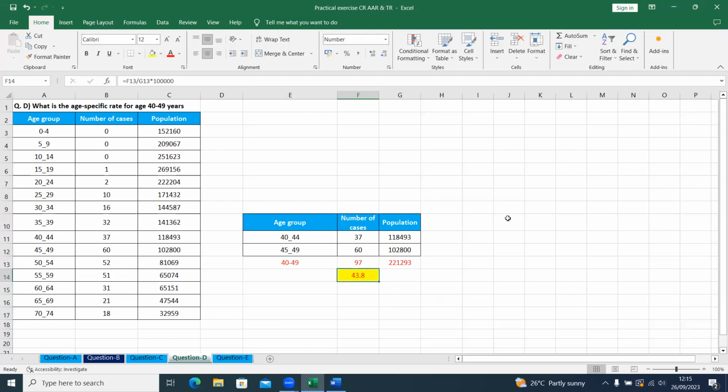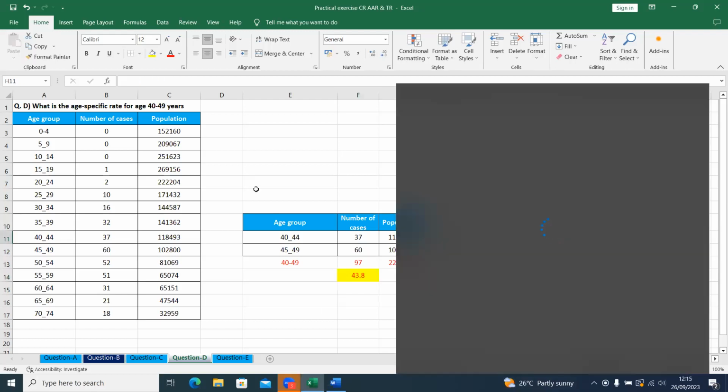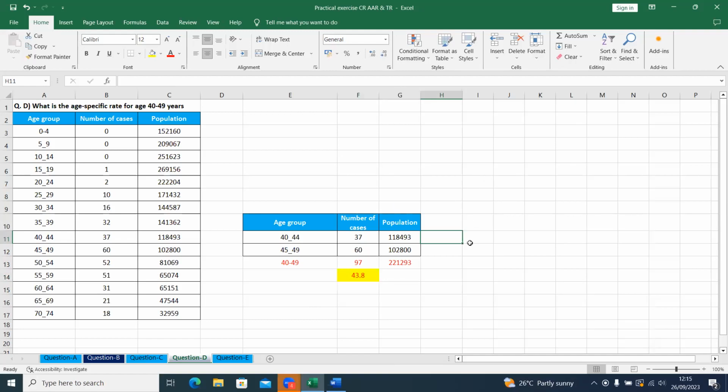So is it clear concept wise? Anybody has doubt on this calculation? Nepal team? Sri Lanka team, any doubt?